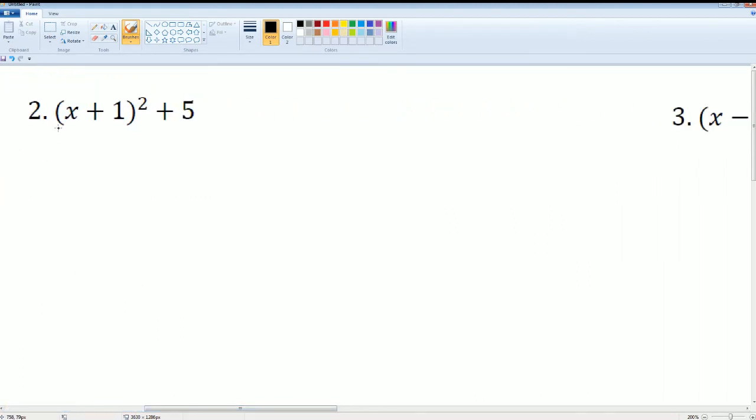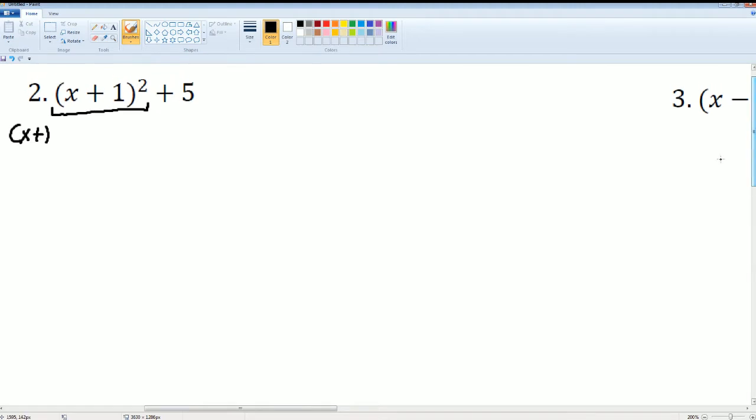Again, here we want to find the product. We expand that out, so that is x plus 1 times x plus 1, add the 5. Let's do the first one. F, the first term, that's x times x.